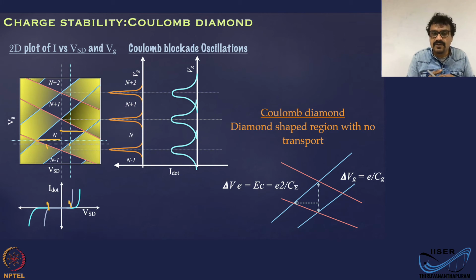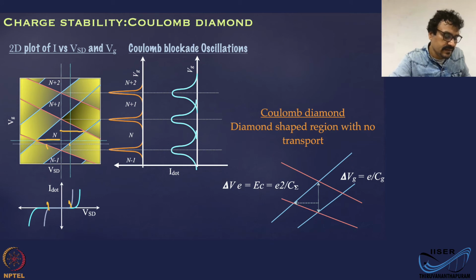If you have a quantum dot, then you will get a Coulomb diamond. If you don't have a Coulomb diamond, then you don't have a quantum dot. That's for sure. So this is like a touchstone measurement, a proof that you have a well-defined, well-behaved quantum dot in your system.